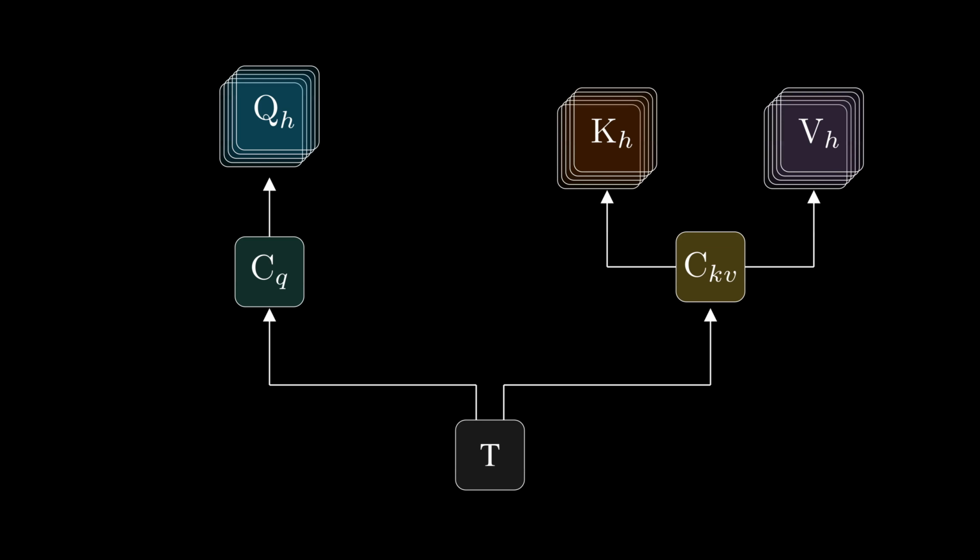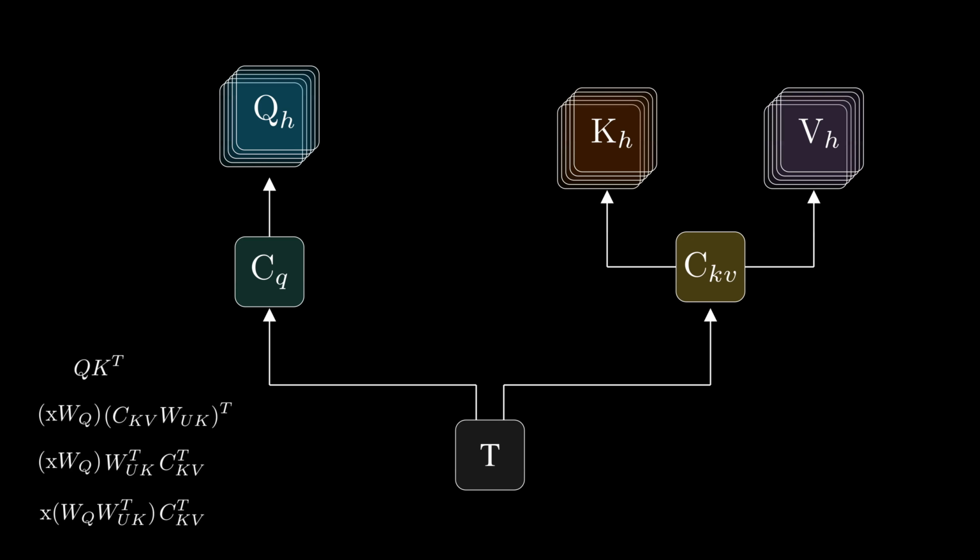The second modification involves RoPE, or rotary positional embeddings. Modern transformers often use RoPE to inject positional information directly into queries and keys. They do this by rotating them before attention computation, and the rotation angle depends on the position of the token. But this creates a problem for MLA.